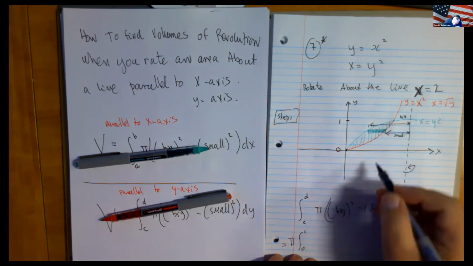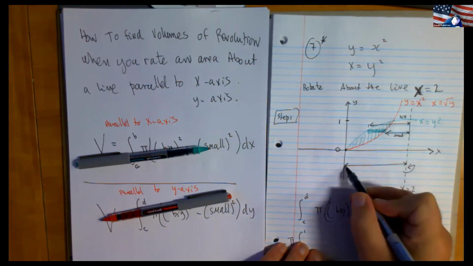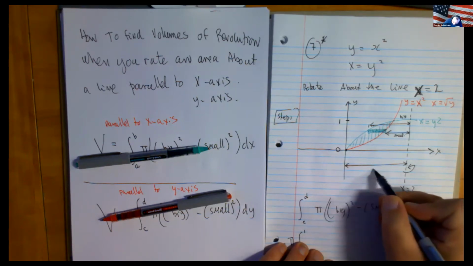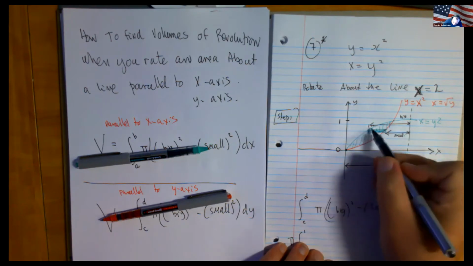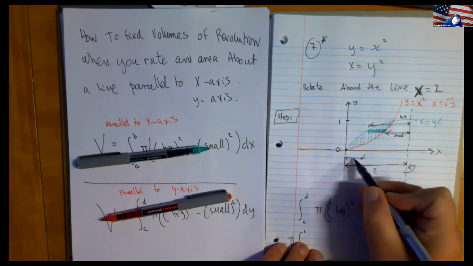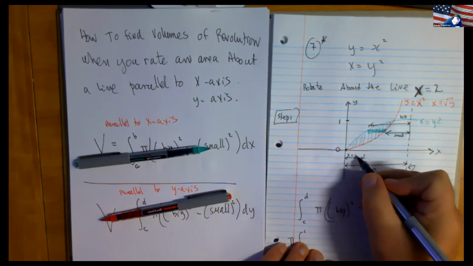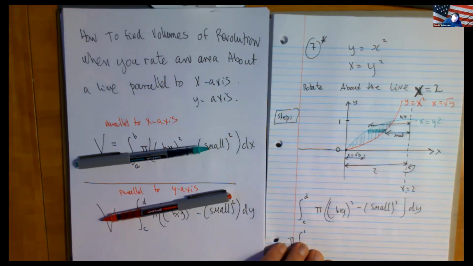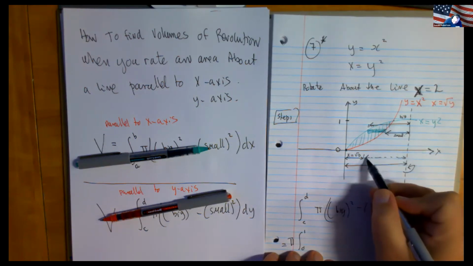Would you agree that total distance from there to there is 2? And that the distance from here to here is basically just the x coordinate, and so that's equal to the square root of y. So the distance I want is that dotted distance.